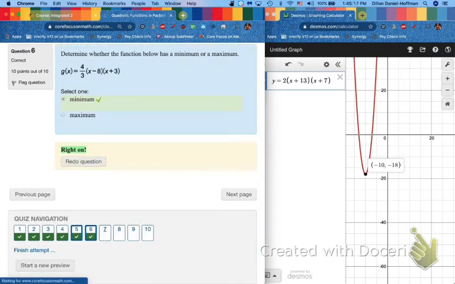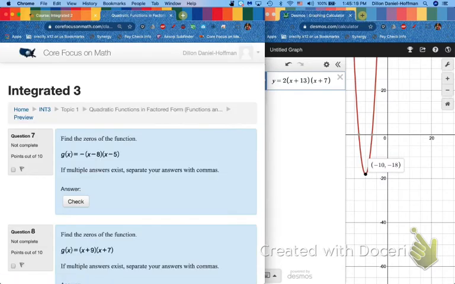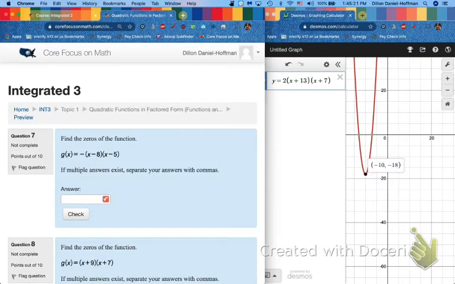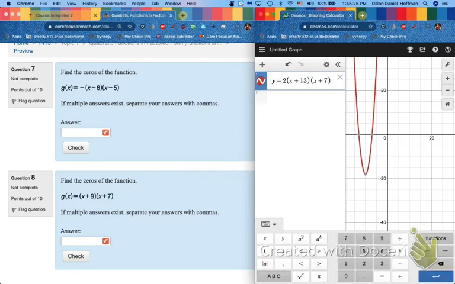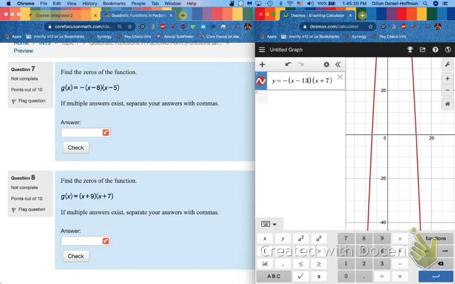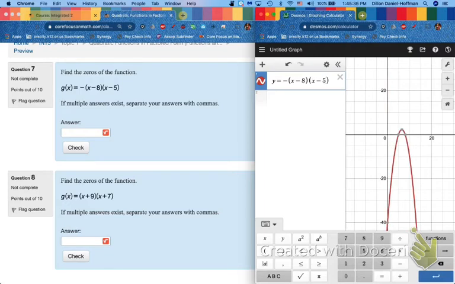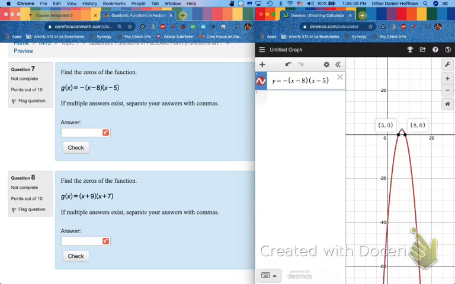It's so weird to do that with pausing videos, but very helpful. Okay, now we're going to simply enter the zeros of the function. So I can type this out over here again. And then I could see, oh, my zeros are at 5, 0, and 8, 0.